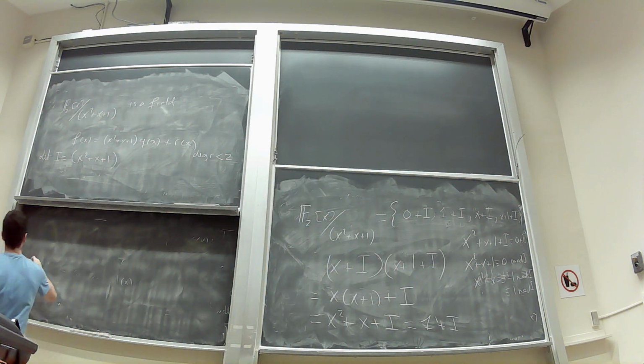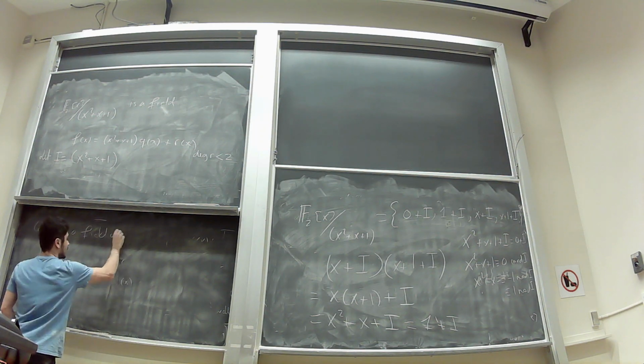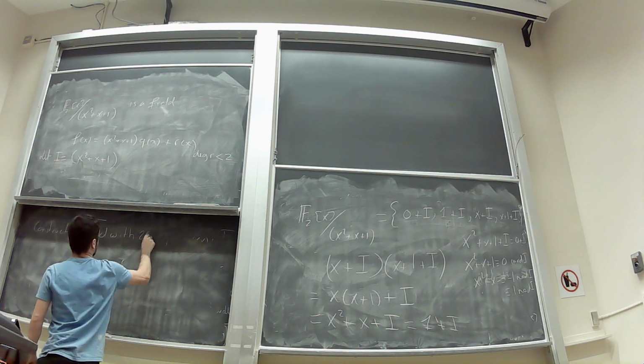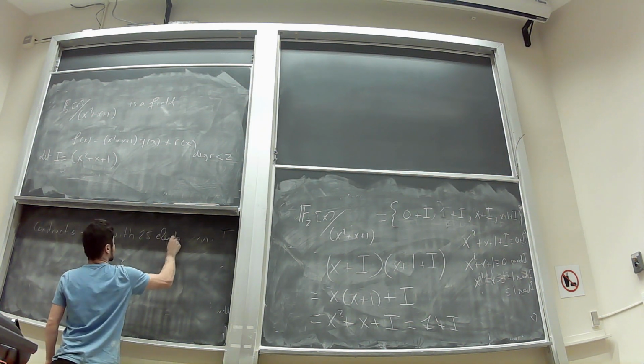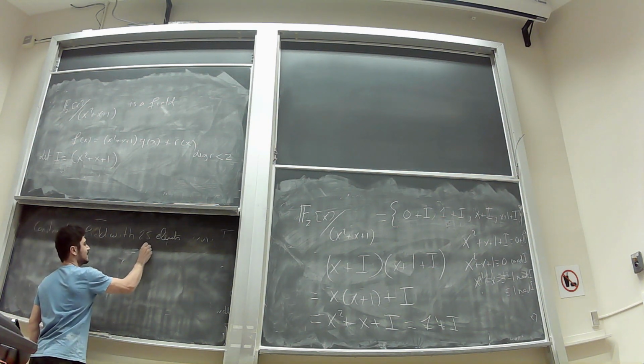Let's construct a field with 25 elements. So all I need to do is find an irreducible polynomial of degree 2. 25 is 5 squared, right?